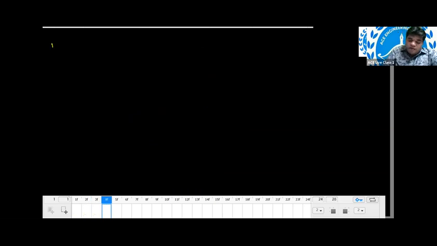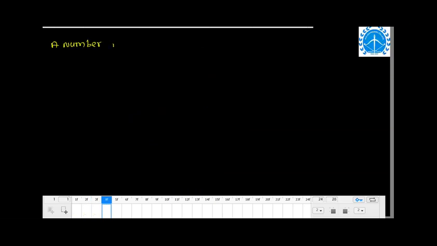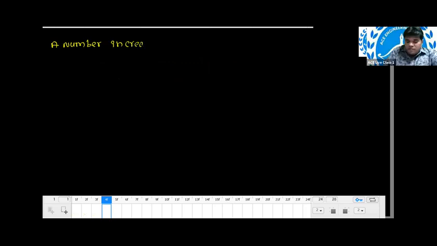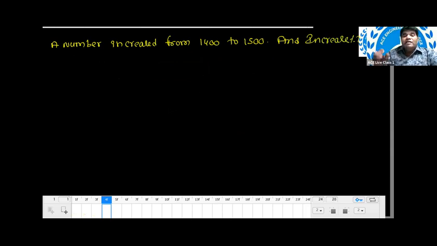A small example. A number increased from 1400 to 1500. Find the increase percentage. A number increased from 1400 to 1500 means 100 increased.